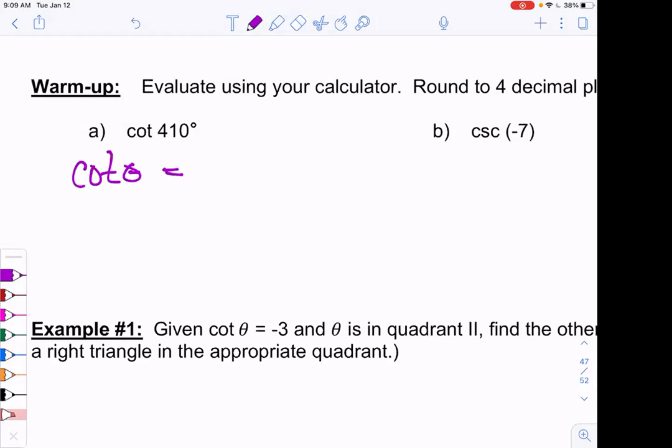What's the reciprocal of the cotangent? 1 over tangent. So to plug this in the calculator, you need to have degrees because it's a degree angle. And then you need to plug it in as its reciprocal because they're reciprocal functions. So the cotangent is 1 over the tangent of 410 degrees.